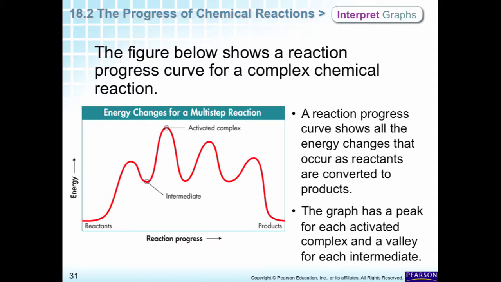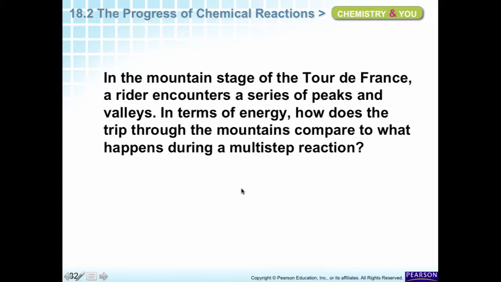Now here's a real complicated one. All right, so at the top of each of these peaks, we have activated complexes, as I showed you, but then we have intermediates at each of these wells along the way. Think about what happens in a mountain stage of the Tour de France, where a rider includes a series of peaks.